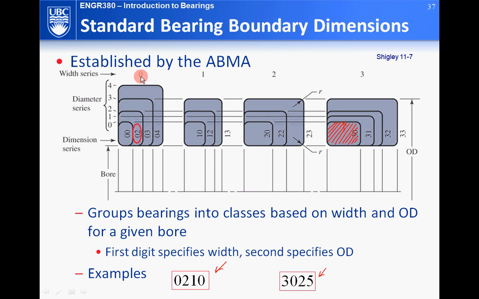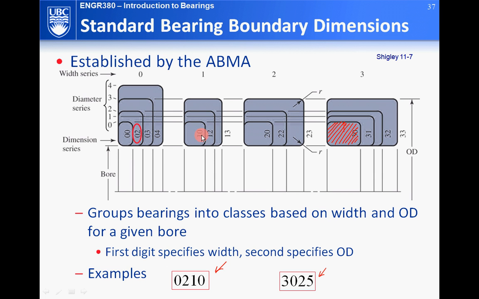For the same width series, 0, 2 will have a longer outer diameter. At the same time, your 0, 2 also has a wider width compared to the 0, 0. And if you compare 0, 0 with 1, 0, the first digit indicates the width.